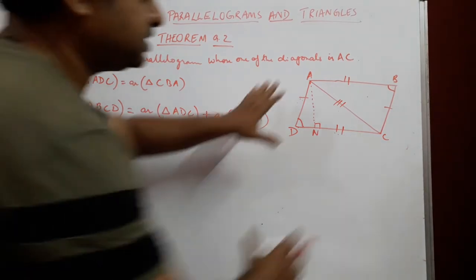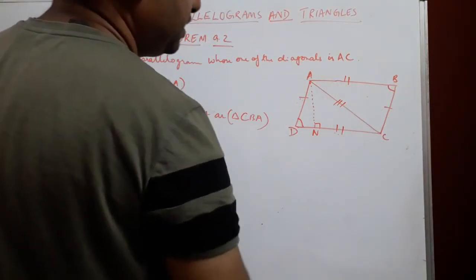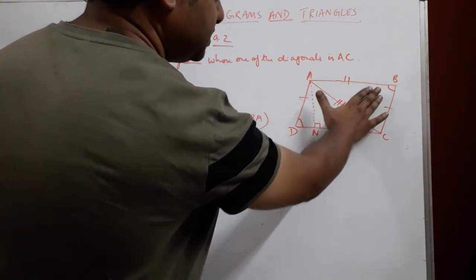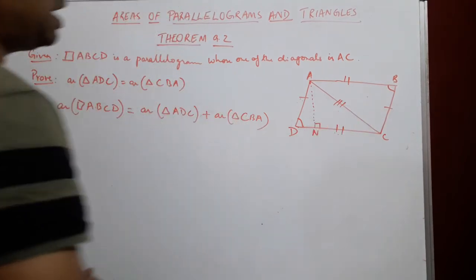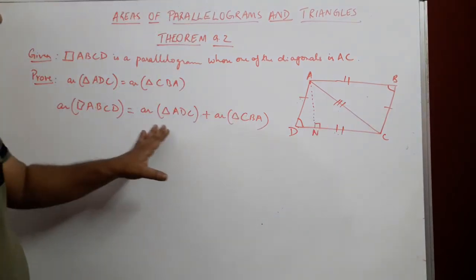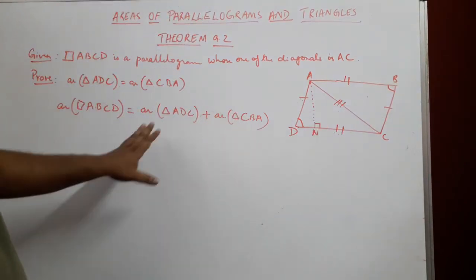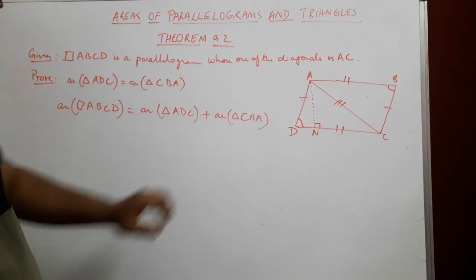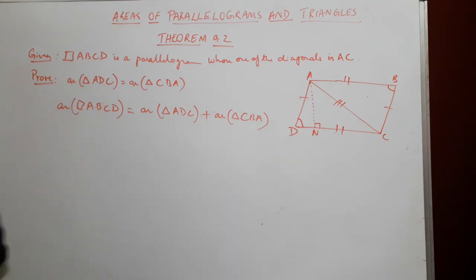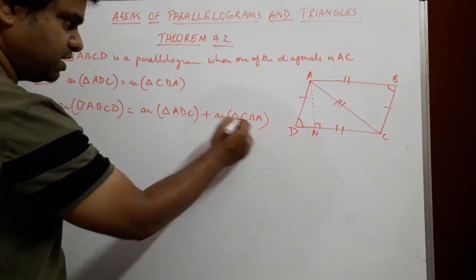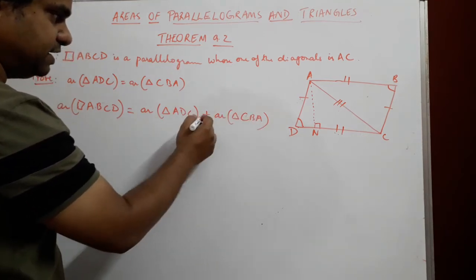Okay, so this entire parallelogram I'm taking is equal to this area plus this area, two non-overlapping areas. ADC and CBA, but we have taken these two triangles as equal to each other. So we can say that instead of CBA, we can write this once again as ADC or CDA.